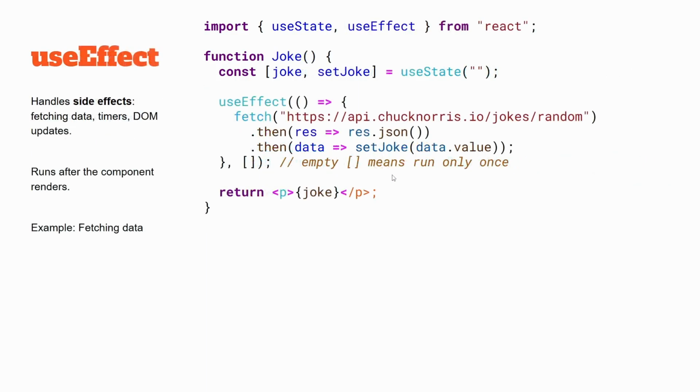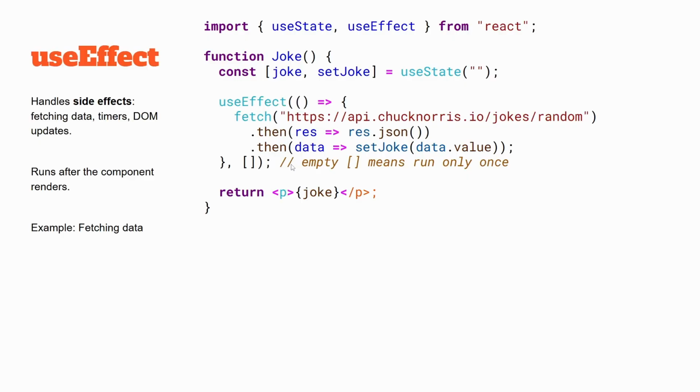Next, let's look at use effect. Now use effect is usually used to run some functions or some queries or some API calls when a particular component loads. So for example, here you can see when this joke component loads, you run this use effect command.